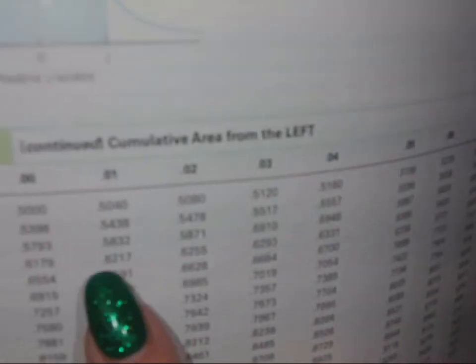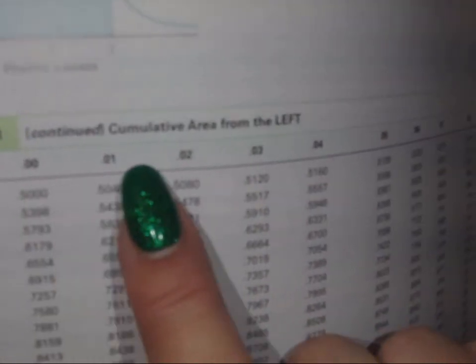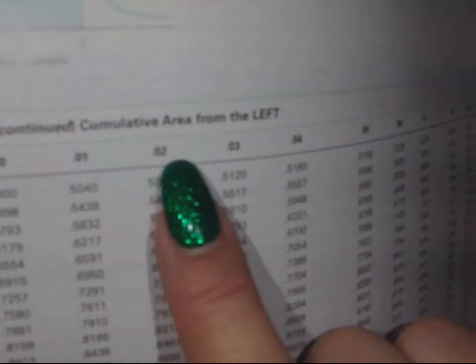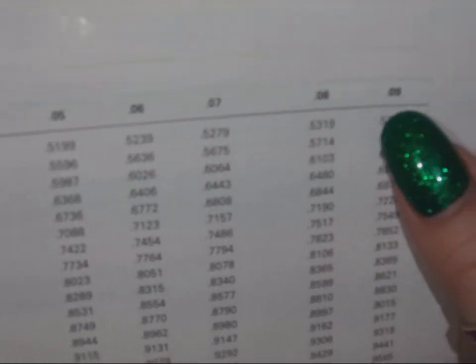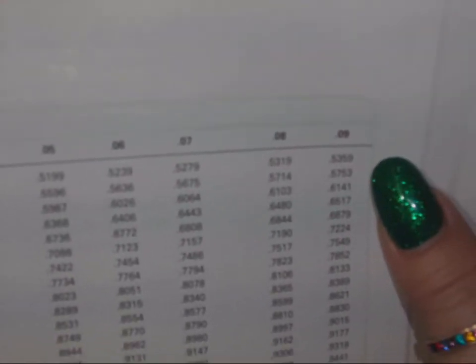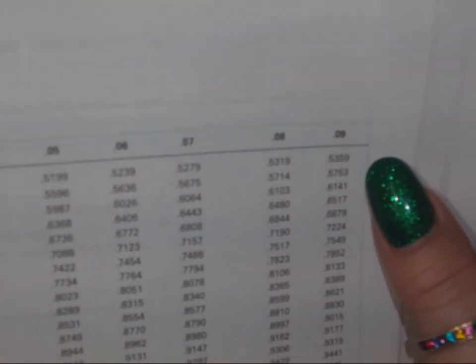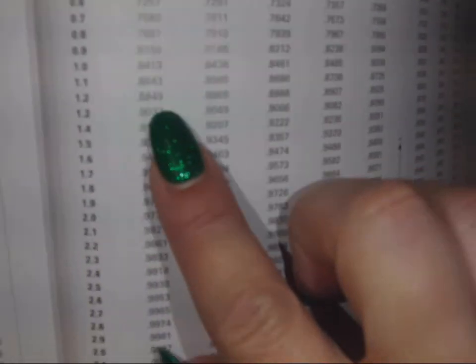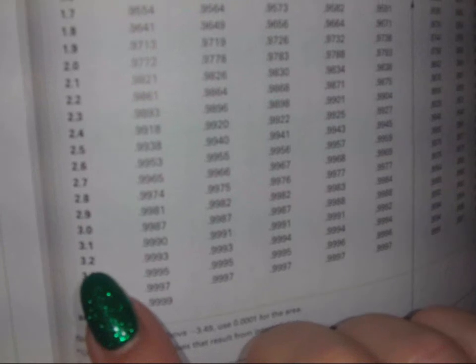And then you can see the 100ths: 0.01, 0.02, 0.03, 0.04, 0.05, 0.06, 0.07, 0.08, 0.09. Well, why doesn't it have 0.10? Because if it was 0.10, it would go to the next row, right? We wouldn't need 3.2 anymore. We'd go to 3.3. So I just need 3.200 because it was exactly 3.2, right?